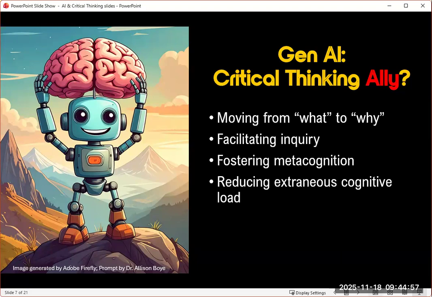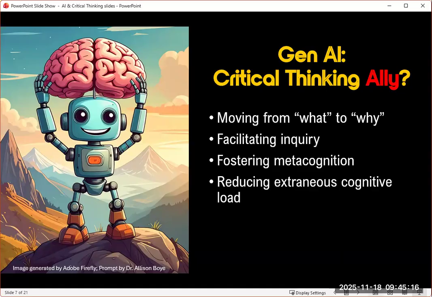Intentional pedagogical or andragogical strategies. So the mechanisms by which generative AI can support or cultivate critical thinking span cognitive, metacognitive, and behavioral dimensions. And those things can help us facilitate inquiry in our students.